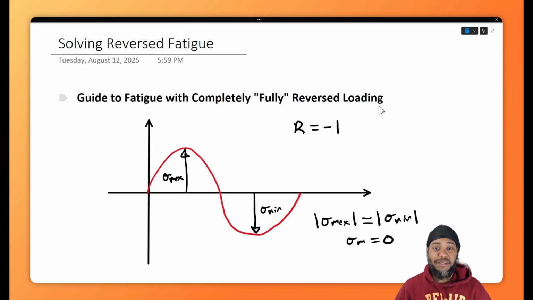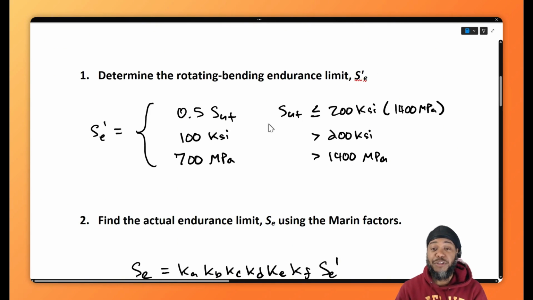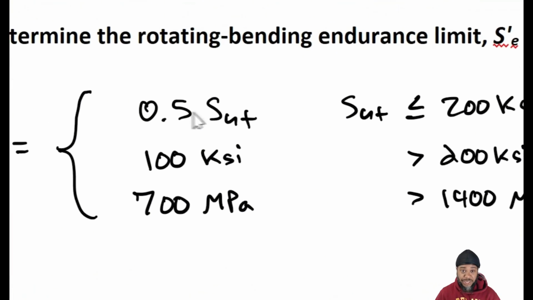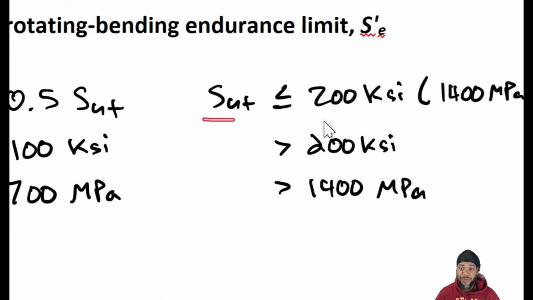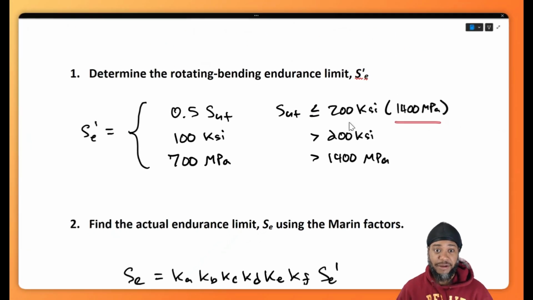So if we've got this type of condition, fully reversed, how do we then go about solving a fatigue problem? Let's start with our first step. The first step is for us to determine the rotating bending endurance limit, the S prime E. And for this we can use our empirical rule, where S prime E is equal to half of the tensile strength of our material if the tensile strength is less than 200 KSI or 1400 megapascal.